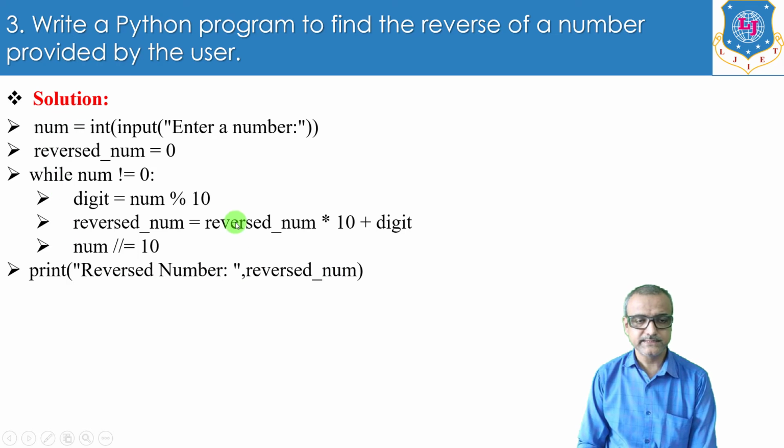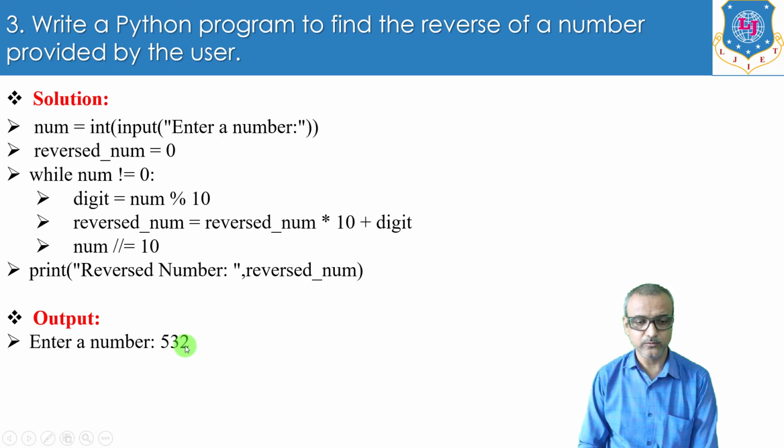I will make you understand this logic with the help of an example, and I have given the example in the output. See, what is the output? See, enter a number 532. So what will be the output in this case? That will be the reverse of this number, that is 235.